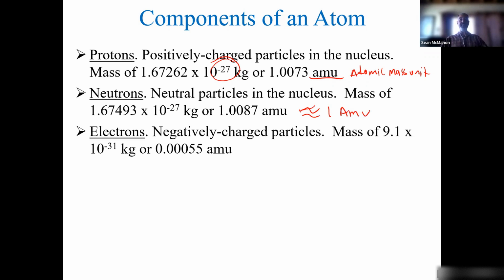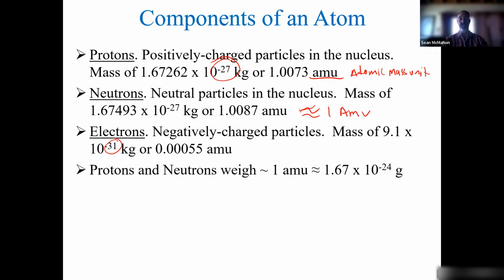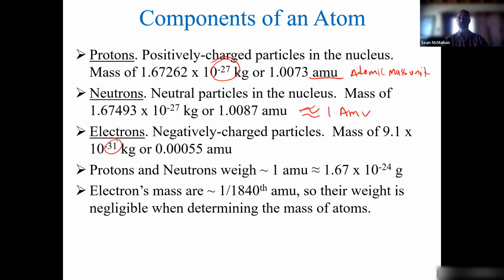Now, electrons have mass, but, right, it's much less than an AMU, okay? It's about 1/2000th. And we can see that, there's a difference in the exponent of 4 right there. So this is almost 10, so we could say 3, and 3 would be 1,000.